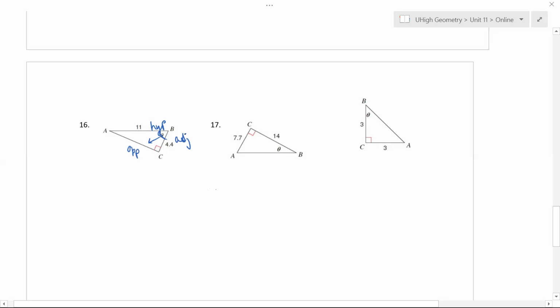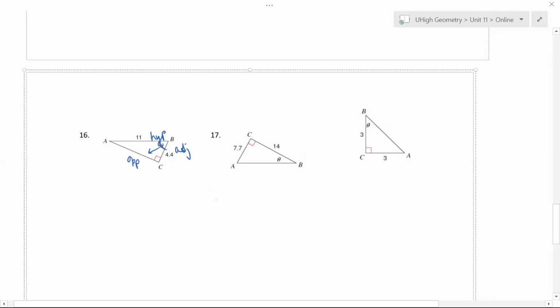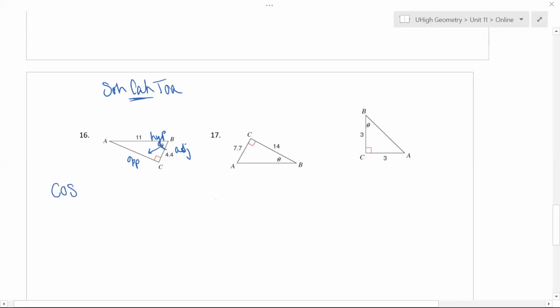So if I'm solving, I need my adjacent and my hypotenuse. So if I'm gonna rewrite on top my SOHCAHTOA so I can see it a little bit easier. So adjacent and hypotenuse, that's going to be my cosine. So I'm going to be looking at my cosine function, but since I'm solving for an angle, I need my inverse cosine. So the inverse cosine of the adjacent over my hypotenuse is going to equal my angle.